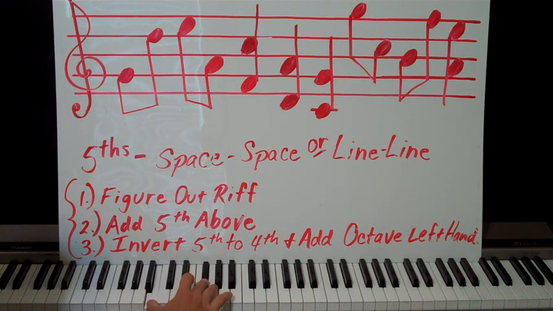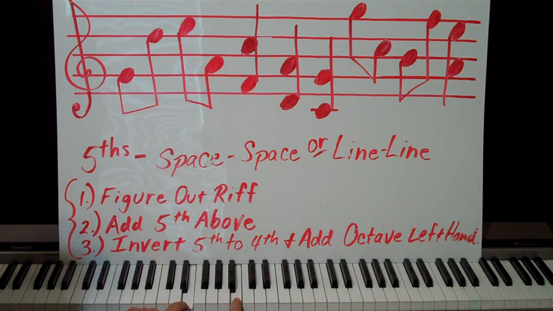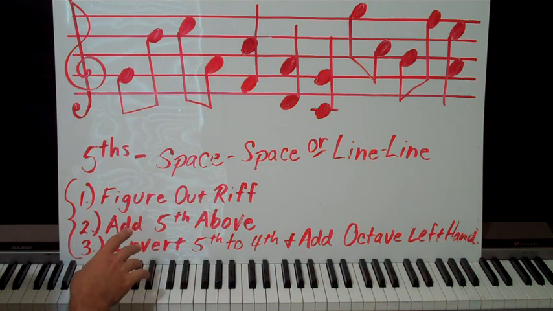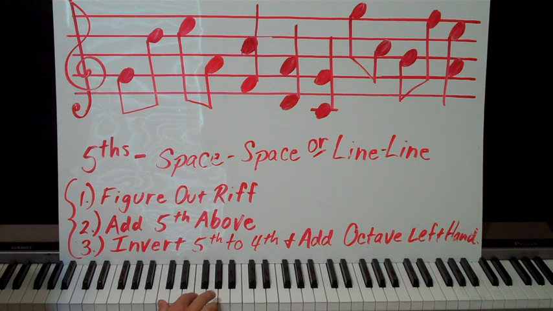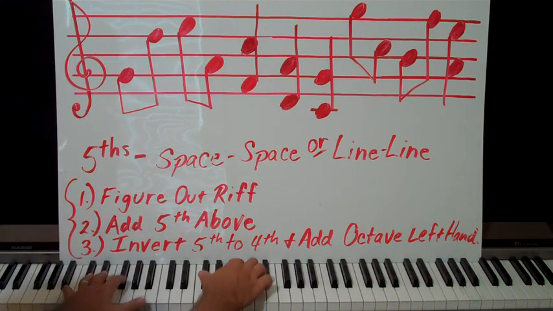Let me do it again. Okay, so that's the fifth. You might want to play it with your right hand if you want to, that fifth above. Now, I invert the fifth to a fourth, and then I get this. And then I add the octave in the left hand.